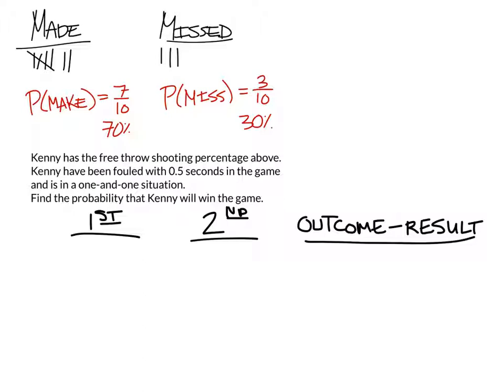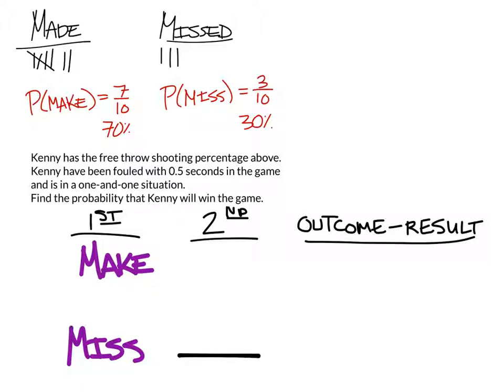All right, let's look at the first shot. For the first shot, it is possible for Kenny to either make the shot or miss the shot right here. Now remember, if Kenny misses the first shot, there is no second shot.